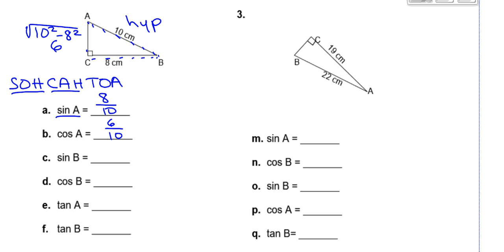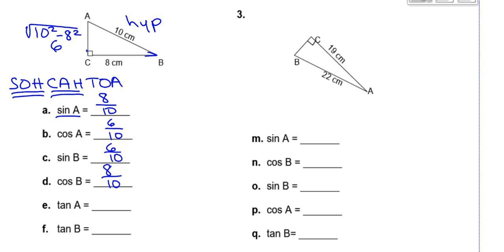I just have that in my head. The sine of the angle is opposite over hypotenuse, so from angle B, that is going to be 6 over 10. Then the cosine of the angle is the adjacent over the hypotenuse. So the cosine of B is adjacent, which is 8, over hypotenuse, which is 10.